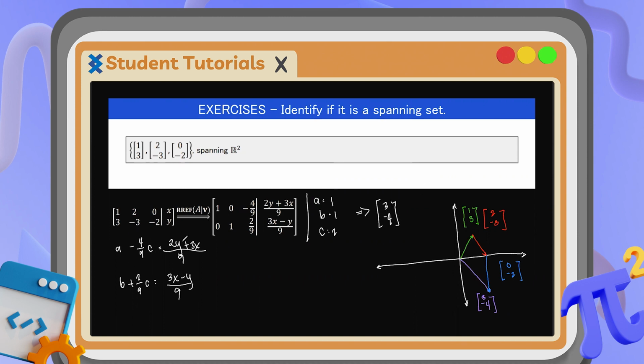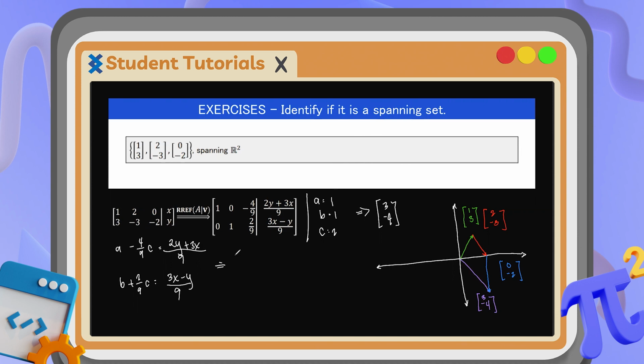So what do these equations tell us with regards to the set of vectors that we have? They show some sort of relationship or equality between the resulting vector and the constants when you apply the linear combination to this set of vectors.